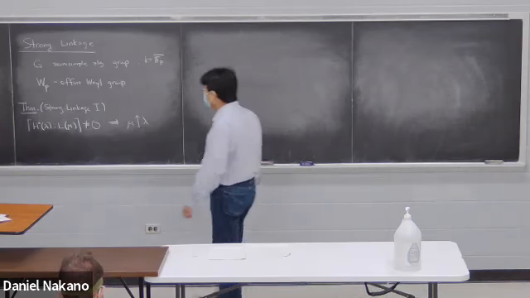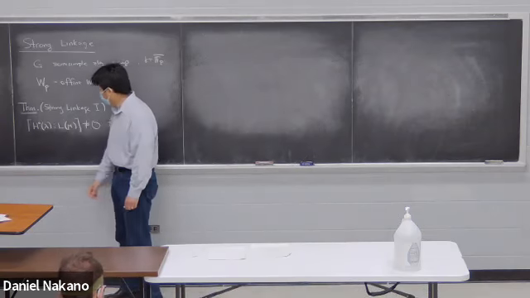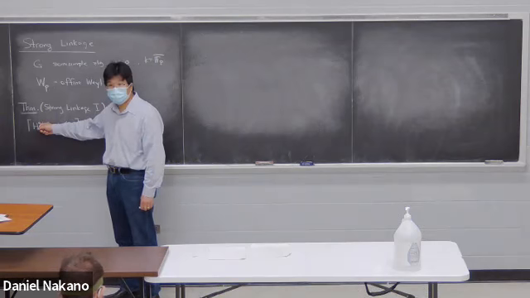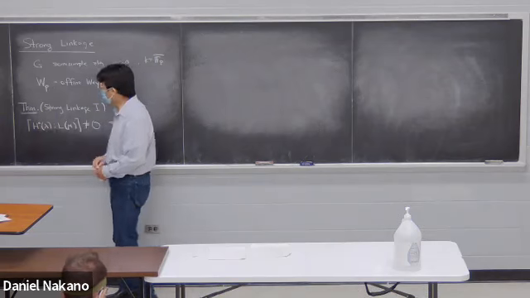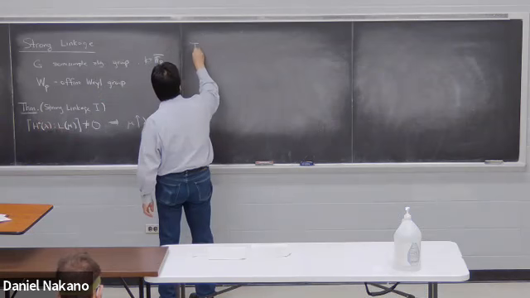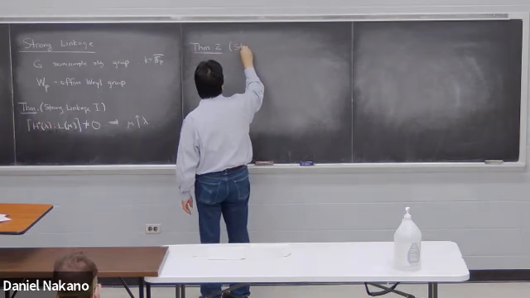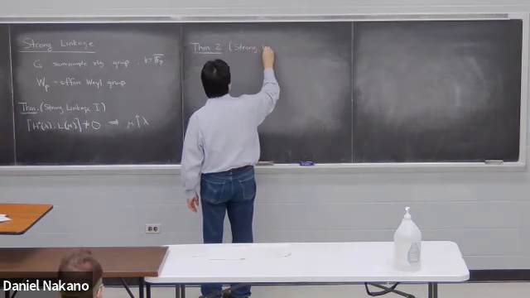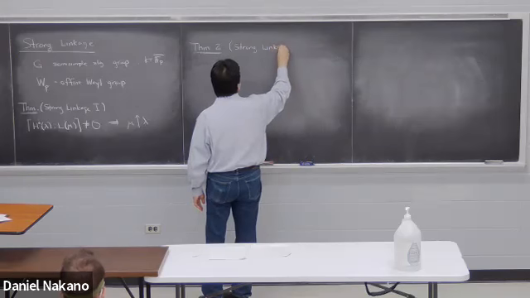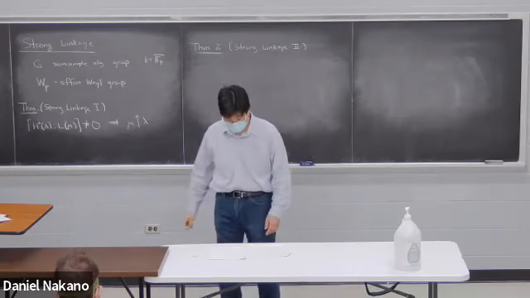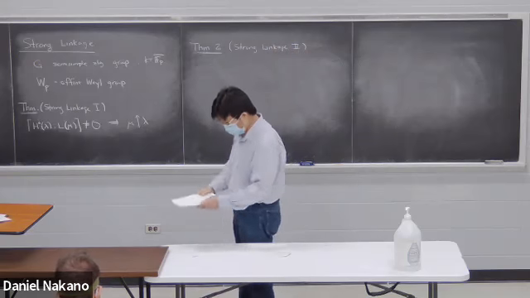Now, you may ask yourself, is there a version of the strong linkage which involves higher cohomologies? And the answer is yes. So let's call this strong linkage 2. So let me state strong linkage 2.